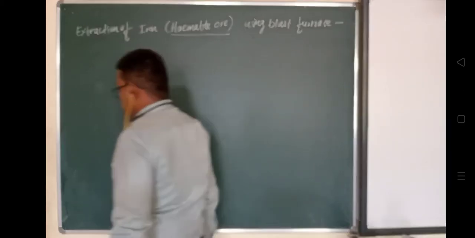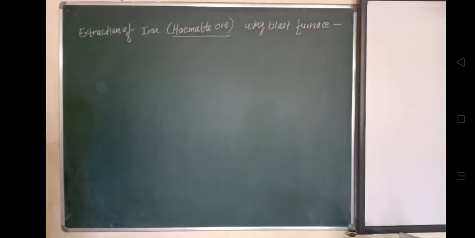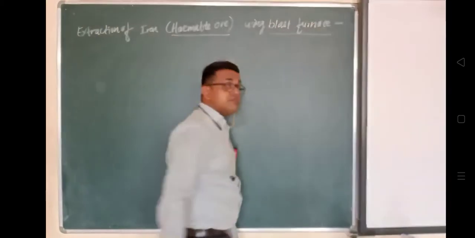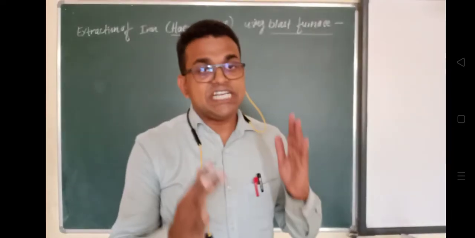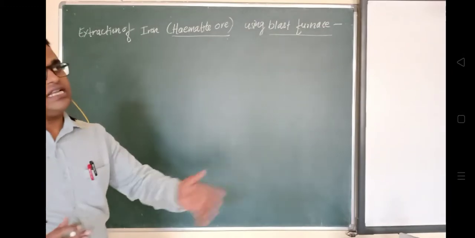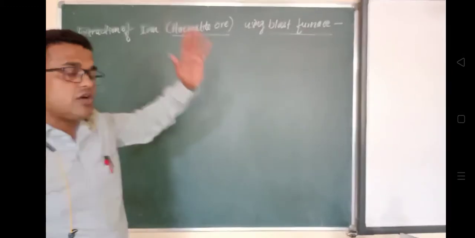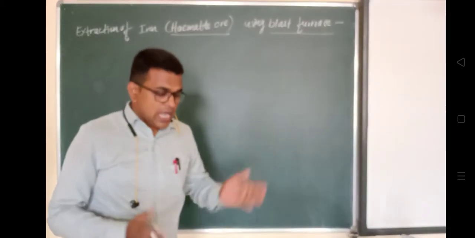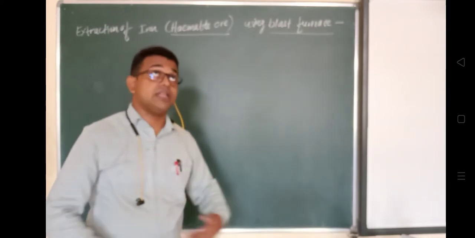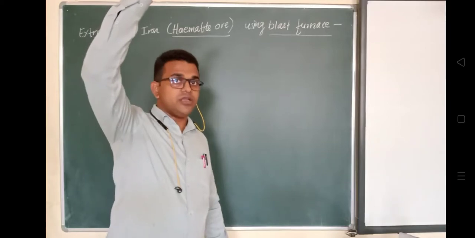So by using a blast furnace, what is a blast furnace? You know very well what a furnace is. It is a chamber. This blast furnace is around 25 meters in height, and its width or diameter may vary from 5 to 10 meters. यानी बहुत ही ऊंचा रहेगा ये, 25 to 30 meter height रहेगी इसकी.